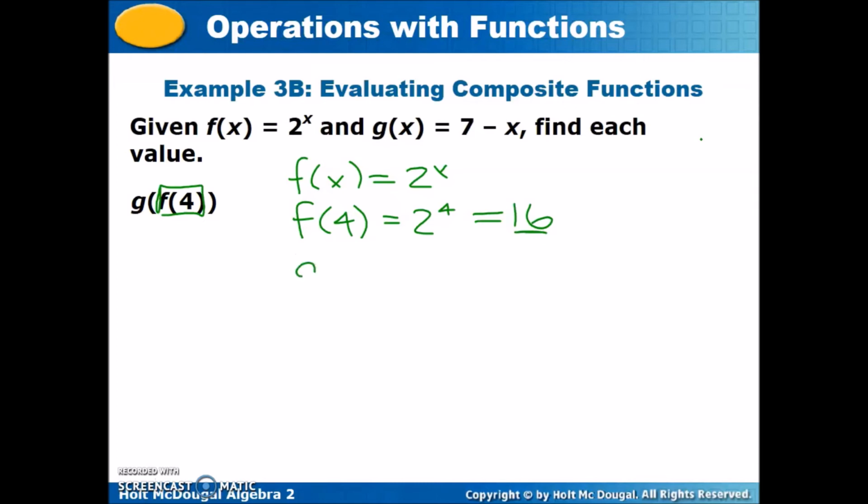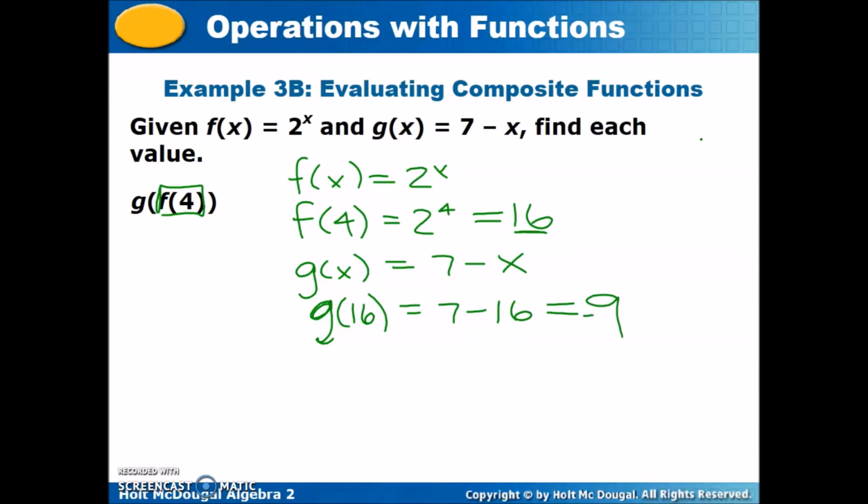So we got our g of x equals 7 minus x, so we're going to go g of 16. That's going to be 7 minus 16, which is negative 9. So our g of f of 4 is negative 9.